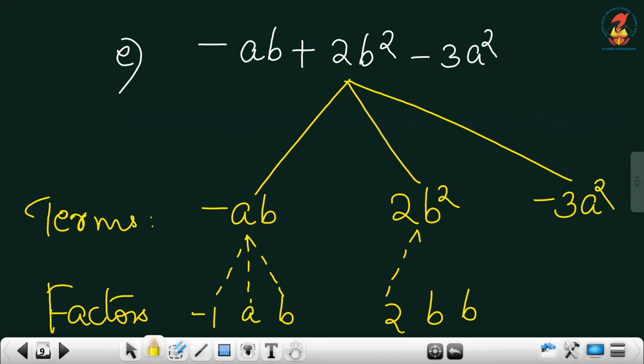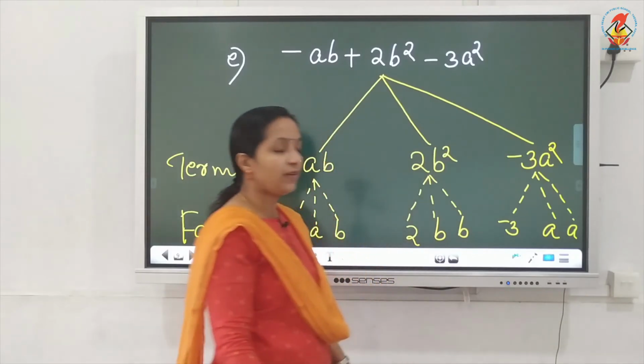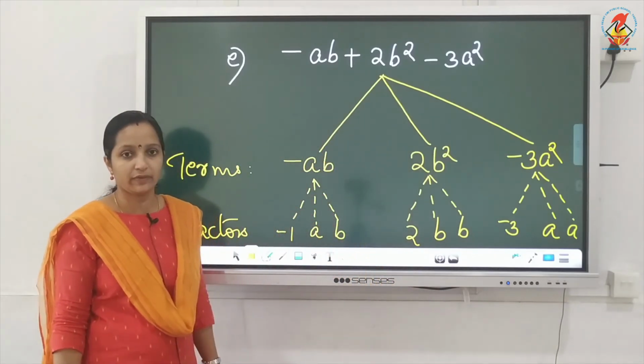So, which are the factors? 2, b and b. Okay. Now, which are the factors of negative 3a square? If a numerical coefficient is there, you can directly write it as negative 3. No need to write negative 1 and 3. And a square means what? a and a. So, I hope the factors and terms are clear for everyone.